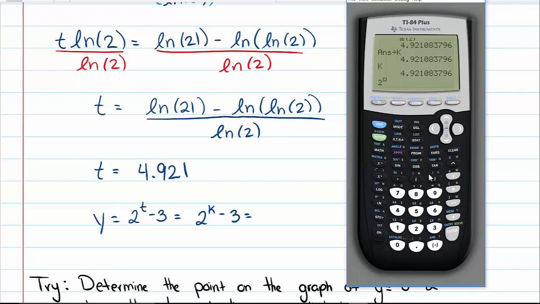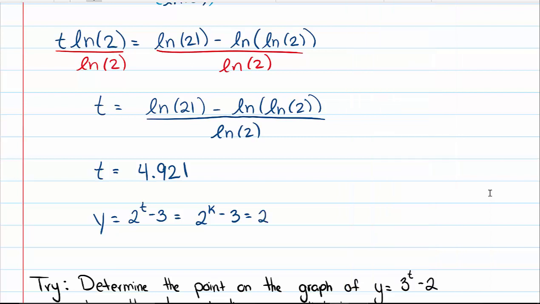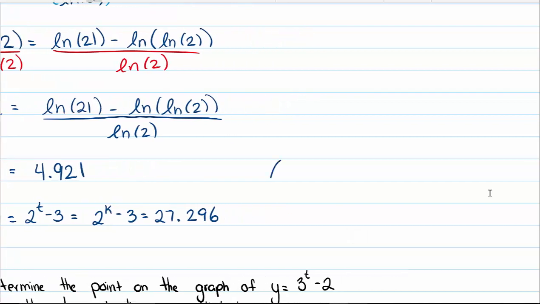Alpha k, minus 3. And you get 27.2965 something. So 27.296. So that means our ordered pair is 4.921, comma 27.296.